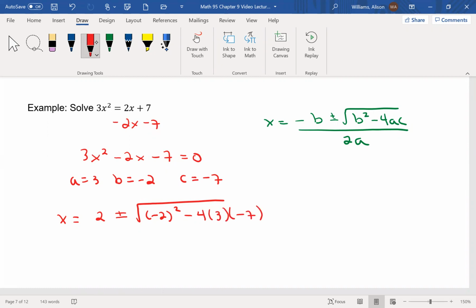All right. So all over 2 times 3. Okay, let's go ahead and figure out what we have here. So this is going to come out to 2 plus or minus the square root of 88 is what I'm getting.